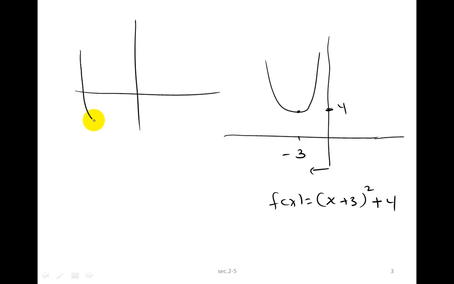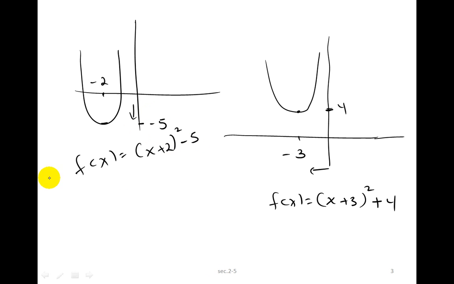Okay, let's say here, in this case it's going to be f of x equals, again, 2 units to the left, that means it will be x plus 2 the whole squared, and 5 units down, minus 5.